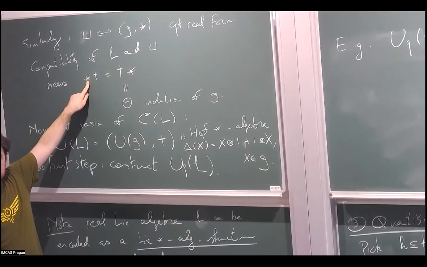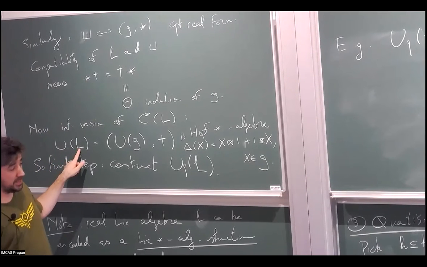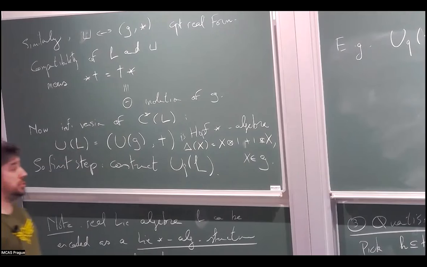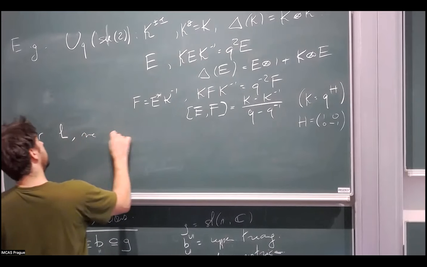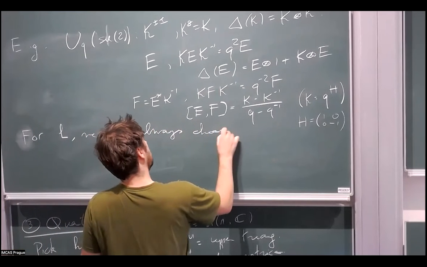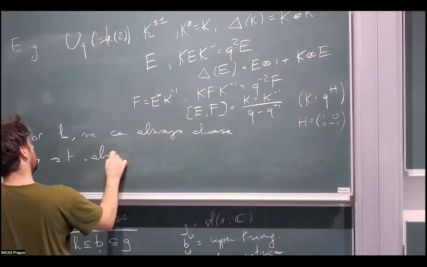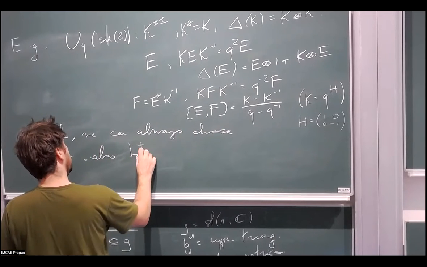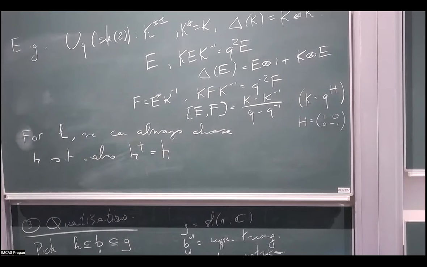So that's now a lot to ask of my real Lie algebra L. And it turns out that you can always choose, for L, H such that also H dagger is H, so that H is globally preserved by the dagger.